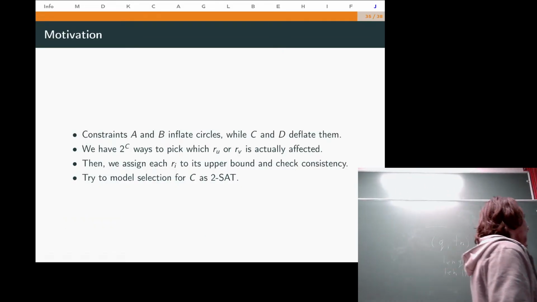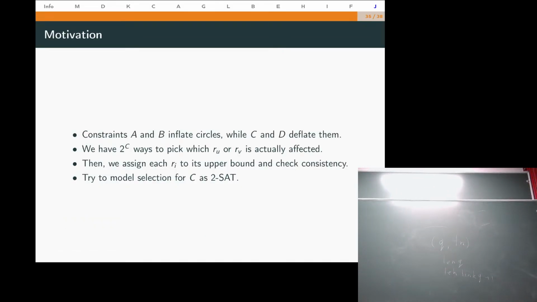So first of all, we see the constraints of type A and B demand that the circles are bigger. On the other hand, the constraints of type C and D demand that the circles are smaller. Constraints of type D are already applied to just one circle.